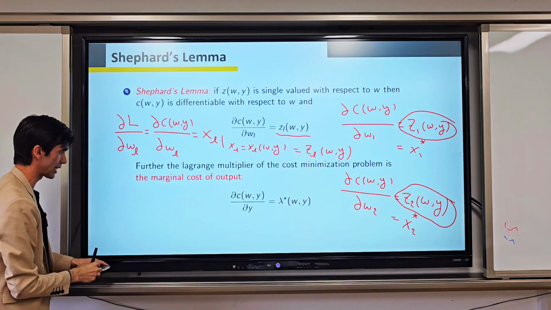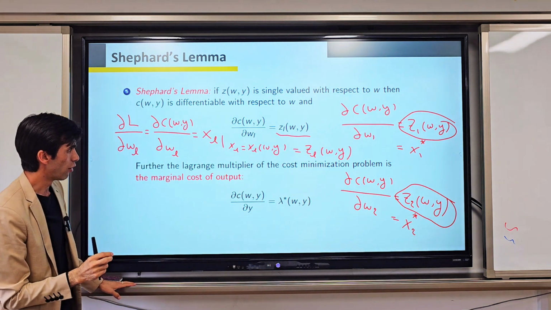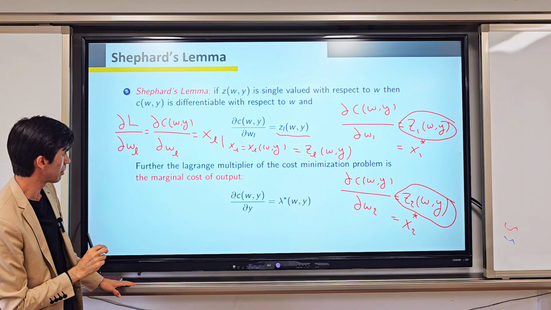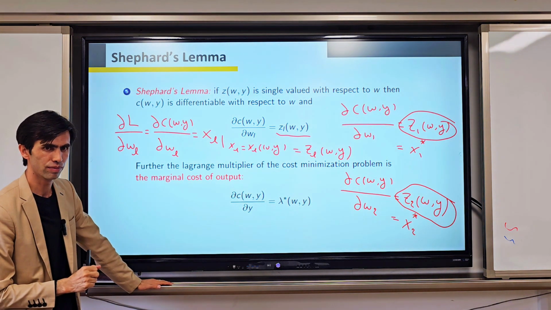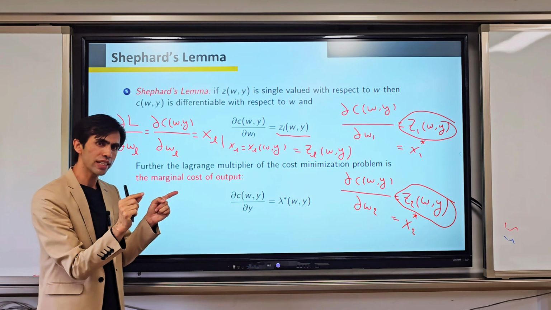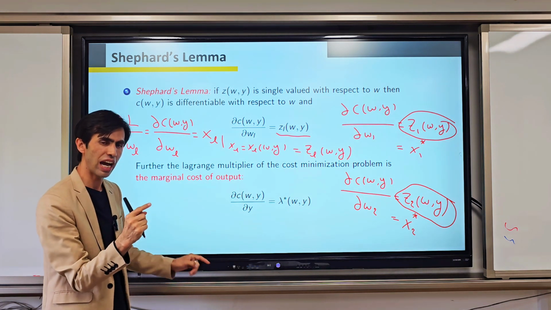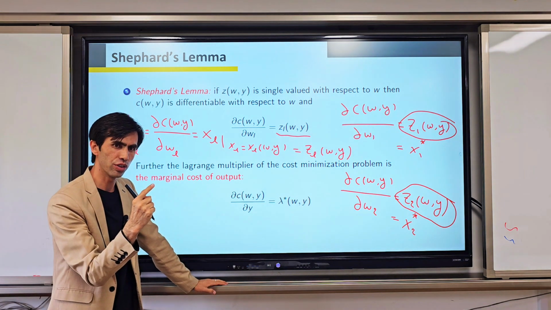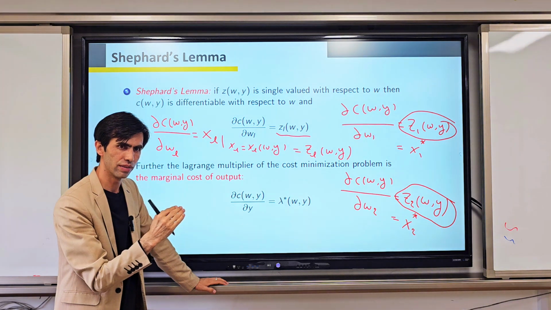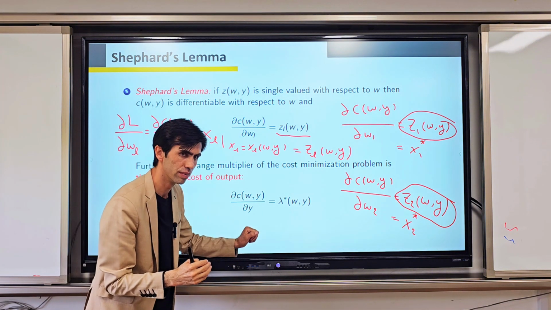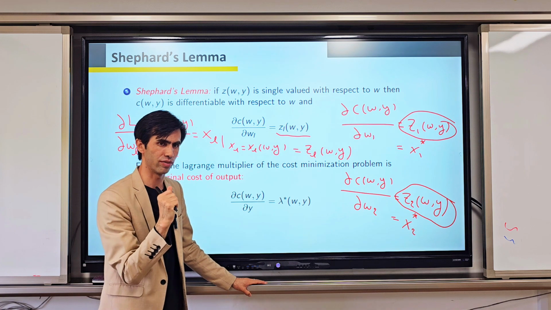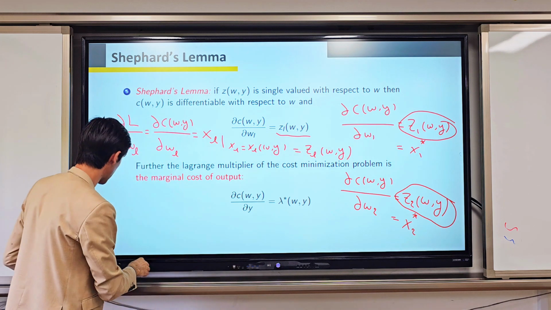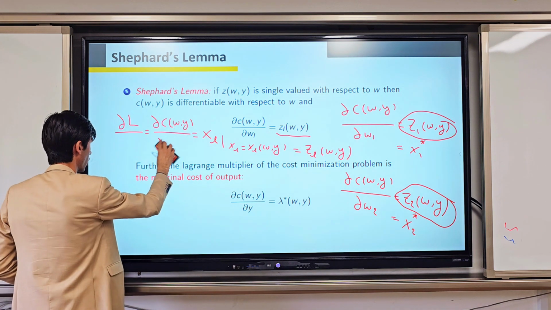Another thing that we can prove from the envelope theorem is this one, the marginal cost value. From the cost minimization process, we have a lambda. If you remember, in the Lagrangian we have that lambda. That lambda is equal to our marginal cost value. How can we find out that lambda is equal to marginal cost?